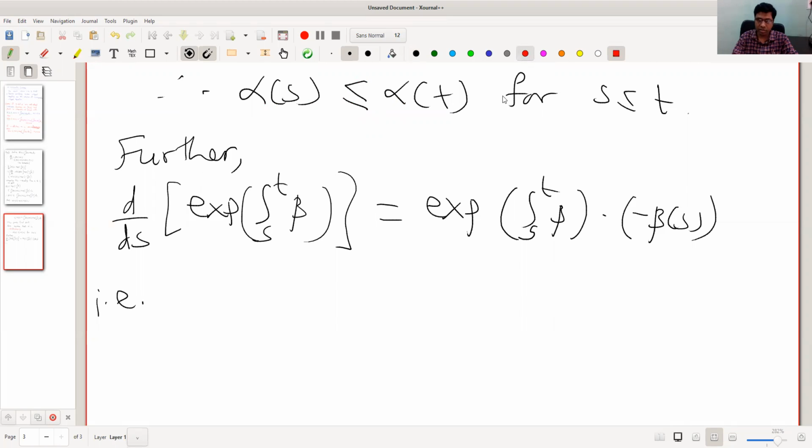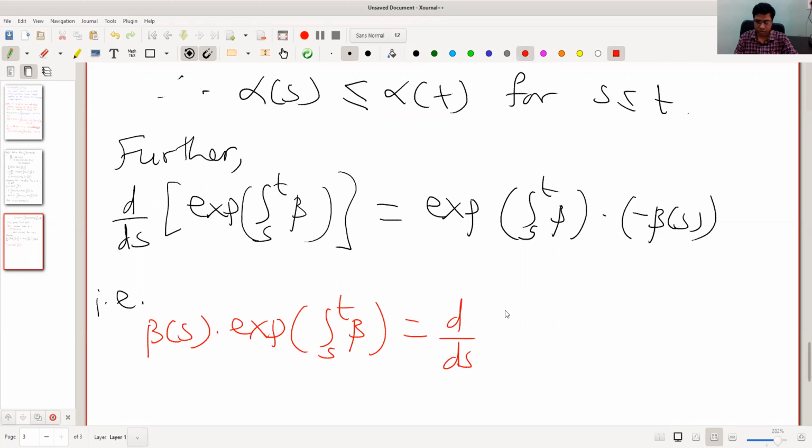This is important thing, beta of s multiplied by e raised to integral from s to t beta is equal to, okay, so we can take minus sign to left. D by ds of minus e raised to integral from s to t beta. Okay, so this is important observation.